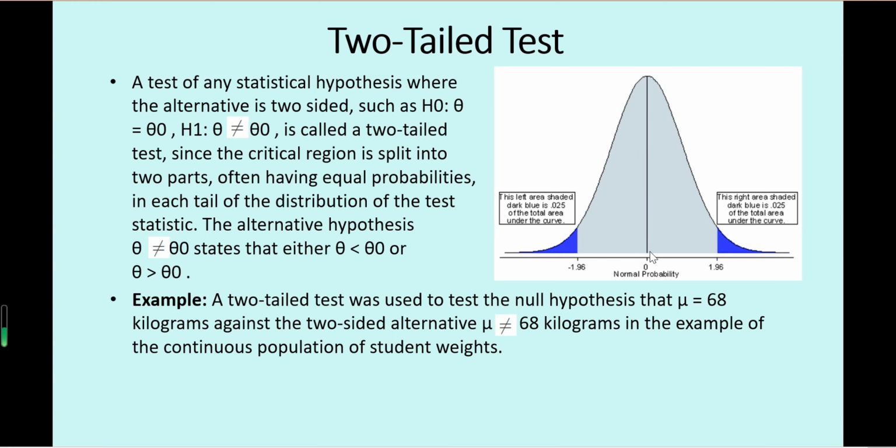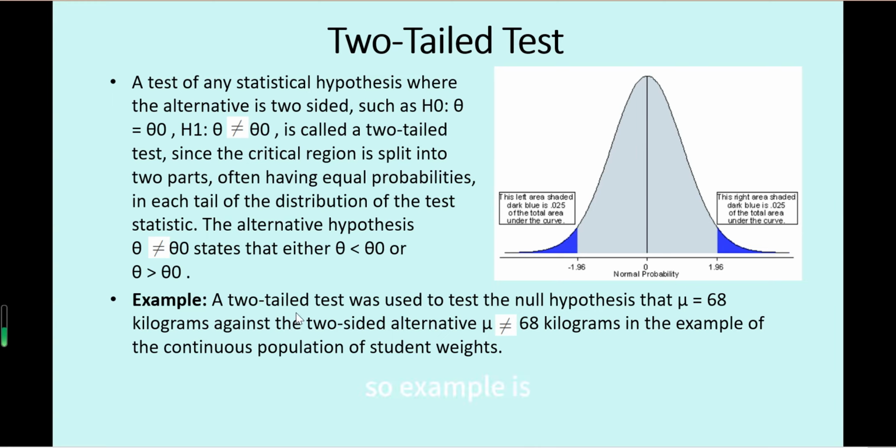If you get the test statistic in the gray region, not the blue region, then the test is not significant at the 0.05 alpha level.